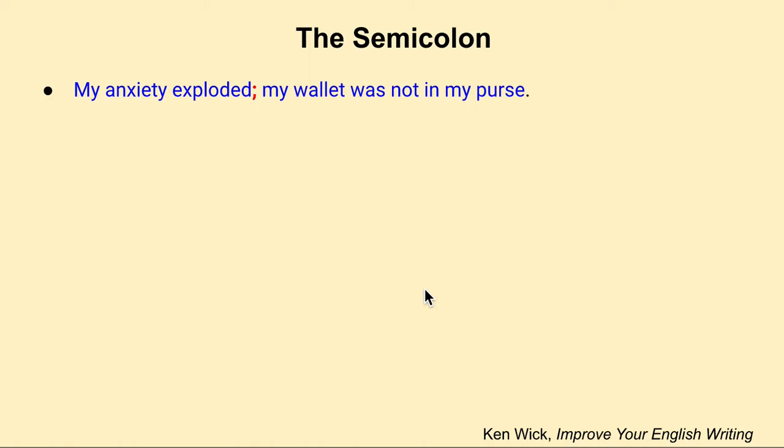Maybe these sentences flipped would actually create a better expectation and fulfillment, because if you had an expectation of my wallet was not in my purse, then the fulfillment is my anxiety exploded. But either way, these two are closely related independent clauses, and there's no coordinating conjunction, so we may use a semicolon to separate them, but you can always use a period.